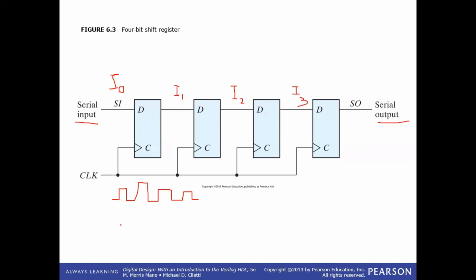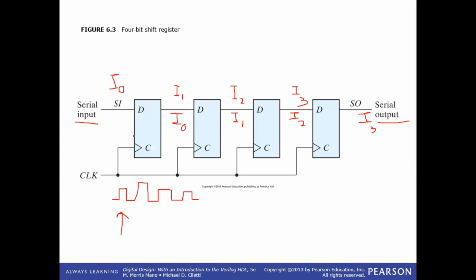So at the first positive edge, what would happen? We would be having I3 over here. What would be present over here? I2. What would be present over here? I1. And over here? I0.